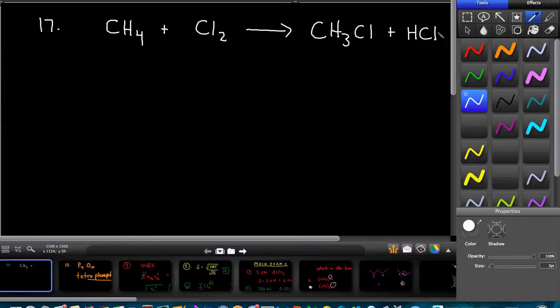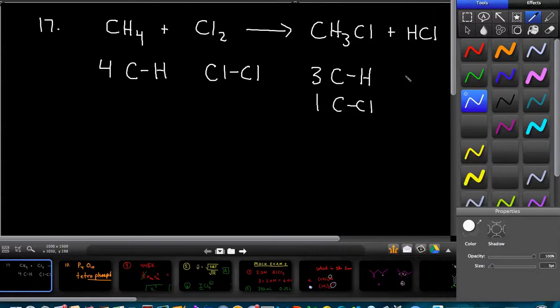Now we're given bond enthalpy data, so we are going to break 4 C-H bonds and 1 Cl-Cl bond; 3 C-H bonds will make, 1 C-Cl bond will make, 1 H-Cl bond will make. Now we can simplify this because really there's no need to break 4 bonds and make 3. We can simply break 1 C-H bond, break 1 Cl-Cl bond, make 1 C-Cl bond, and make 1 H-Cl bond.